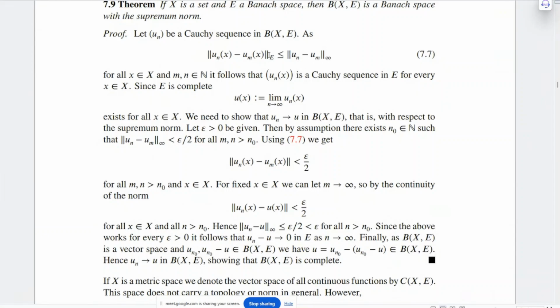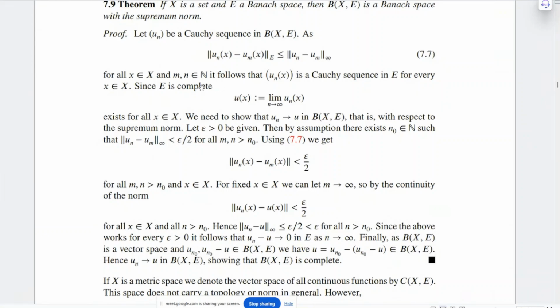Therefore, if this u_n is Cauchy, then the sequence u_n(x) is also Cauchy. Now assume that E is complete, that E is a Banach space. What we have used there in place of E is the real line or the complex line, both of which are complete. So he's using the same proof.